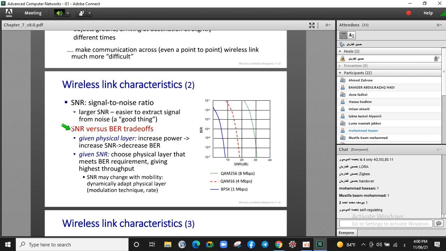If I increase the SNR of a link, I can say that higher SNR values have a positive effect on bit error rate. Higher SNR, lower bit error rate.